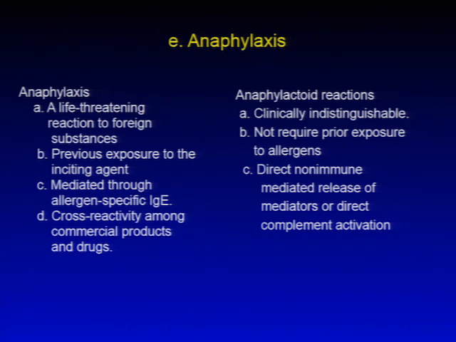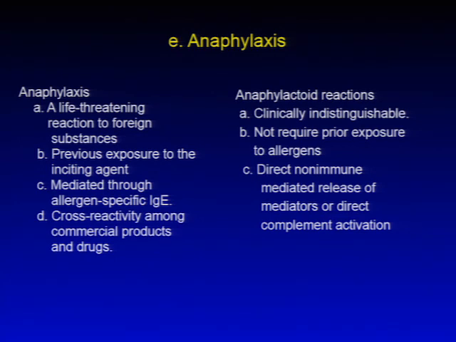Part E is about anaphylaxis. Anaphylaxis is a life-threatening reaction to foreign substances. Previous exposure to the inciting agent is needed. It is mediated through IgE. It can cause cross-reactivity among commercial products and drugs.